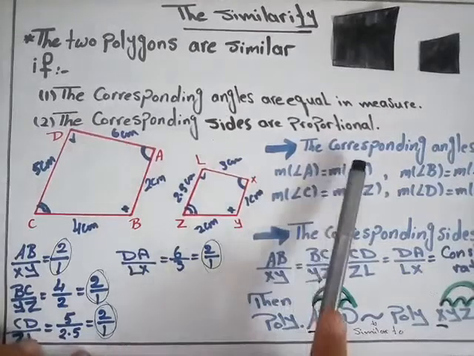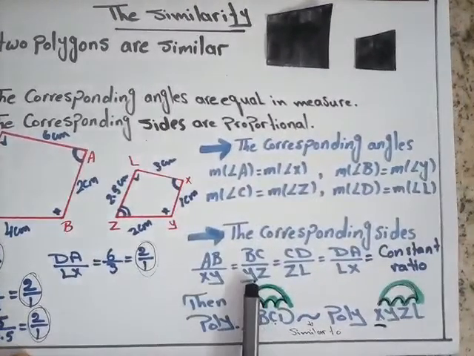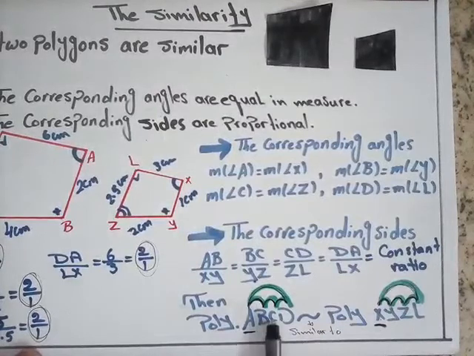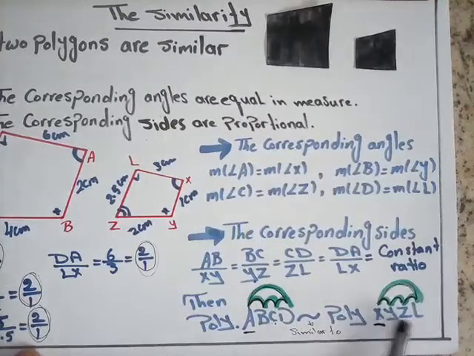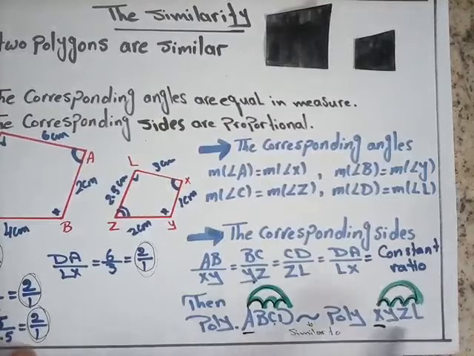If we find the corresponding angles are equal and the corresponding sides are proportional, then we call the two polygons similar. Then the polygon ABCD is similar to the polygon XYZL. When we write the names of the two polygons, we must keep the order of the corresponding vertices.